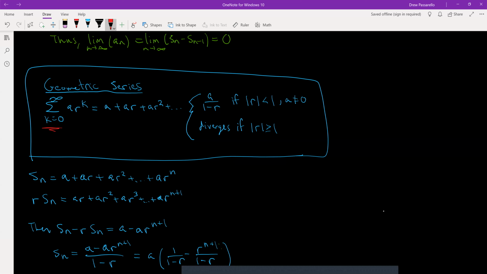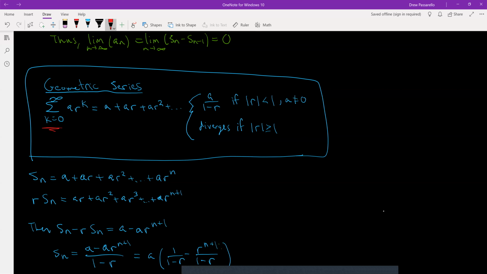So our index corresponds to the exponent that goes with the value r. Now this thing either converges or diverges. We know what the sum is when it converges. Its sum is a over 1 minus r if the absolute value of r is less than 1, provided that a is not 0. It diverges if the absolute value of r is greater than or equal to 1.